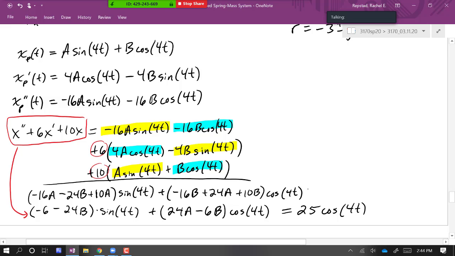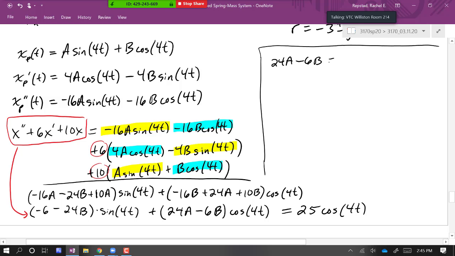So maybe I'll do some of this coefficient work up here before we spill onto the next page. We know that 24a minus 6b has to be equal to 25 based on the coefficient on cosine. And we know that, oh, that says negative 6. This should say negative 6a in the beginning. Sorry about that. We know that negative 6a minus 24b should be equal to 0 because there are no sines on the other side.